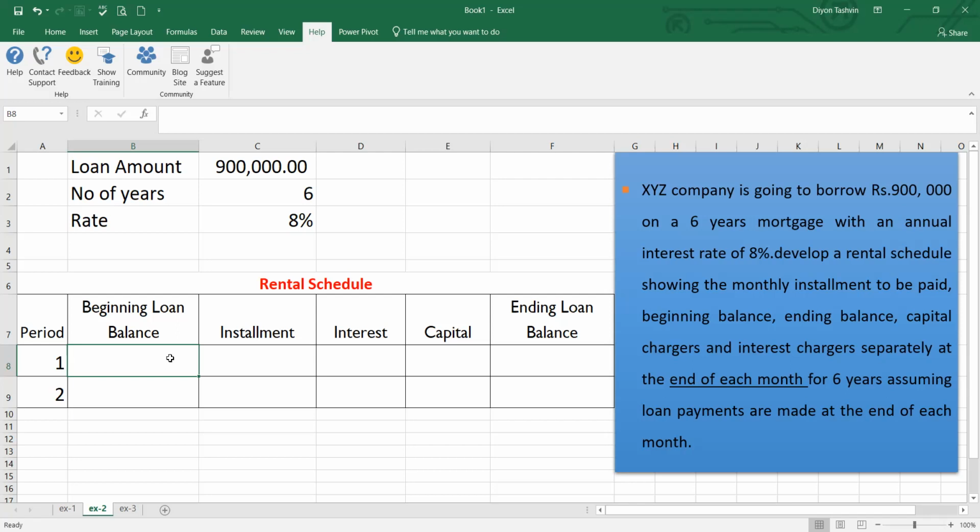So we have to give the cell reference of the loan in the data. Since this is fixed, you can put the dollar sign or the absolute cell reference. You can use the F4 key for that.